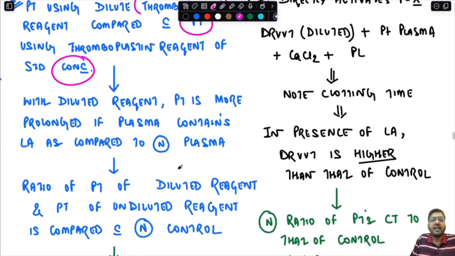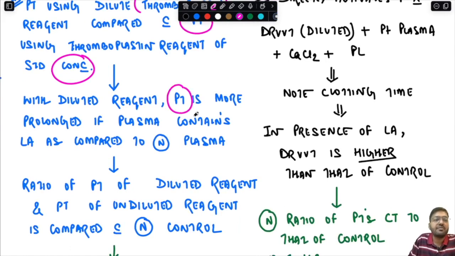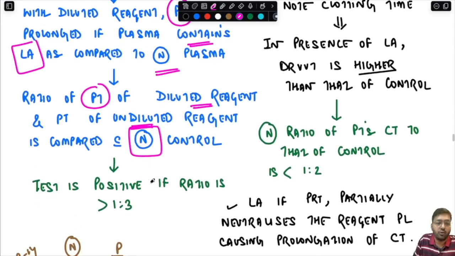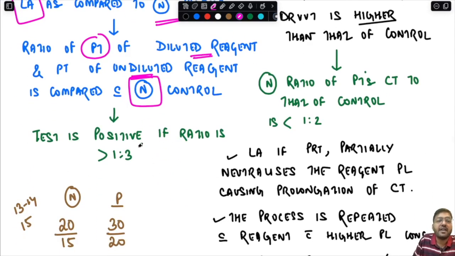With the dilute reagent, the prothrombin time is more prolonged if the plasma contains lupus anticoagulant as compared to normal plasma. The ratio of the prothrombin time of diluted reagent and the prothrombin time of undiluted reagent is compared with the normal control. The test is positive if the ratio is more than 1.3.